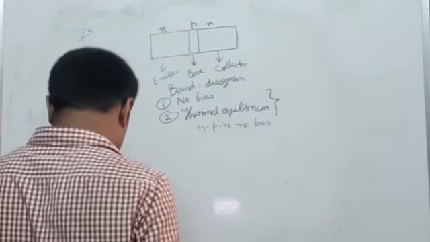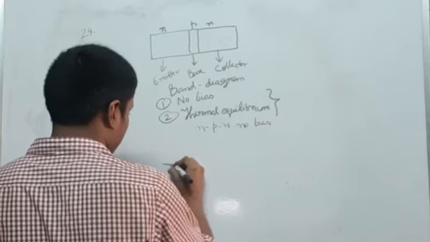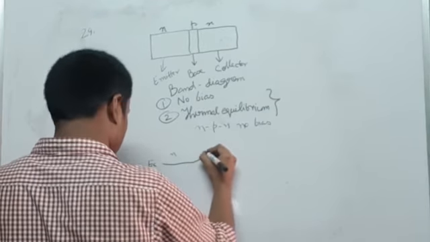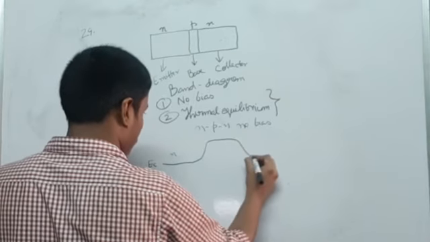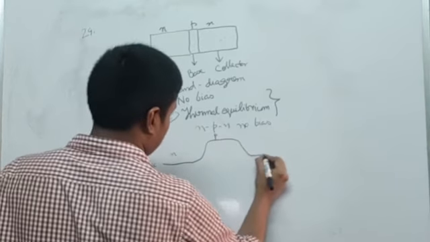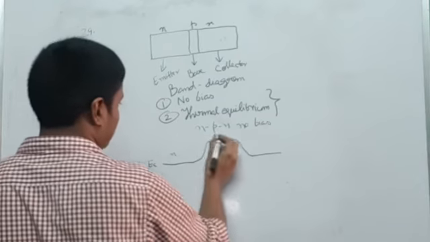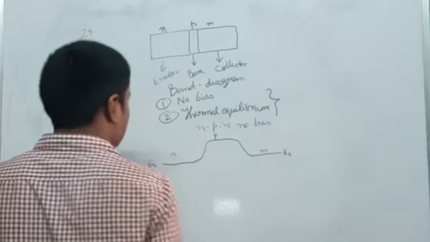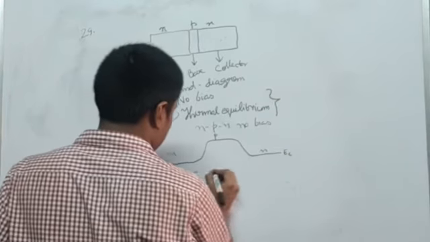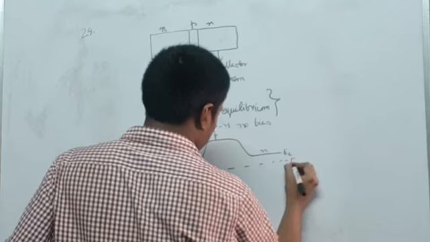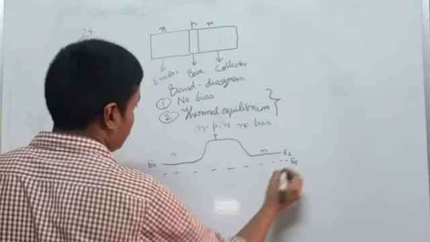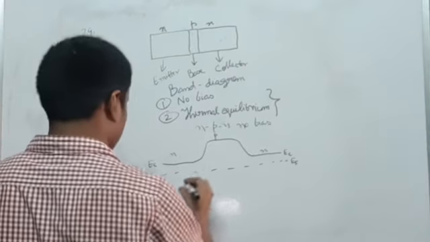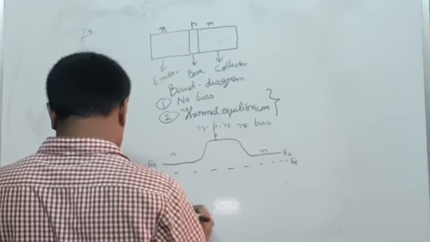Let's consider the upper conduction band first. The conduction band EC of an N side is always lower than the P side. So this N side is lower than the P side, followed by again an N side, which is again lower. Since there is no bias, the Fermi level in all three cases is at the same level, and the valence band follows pretty much the same behavior.